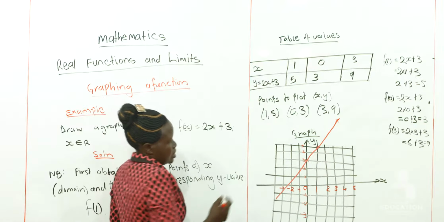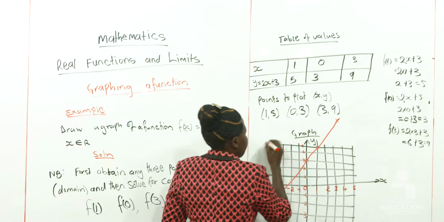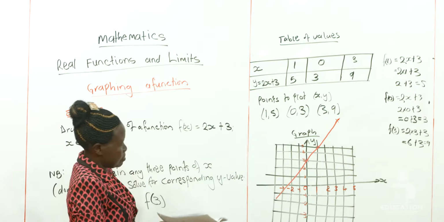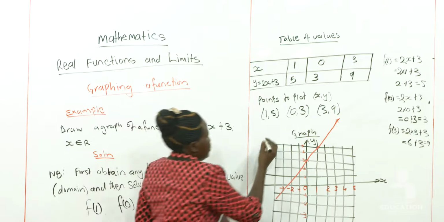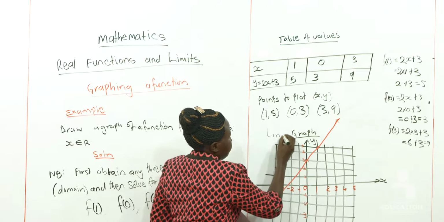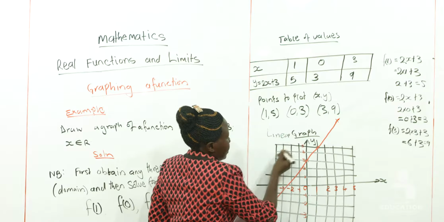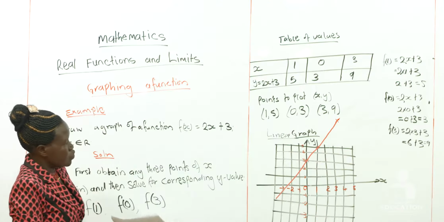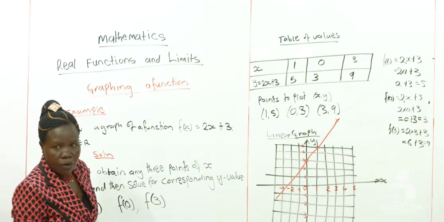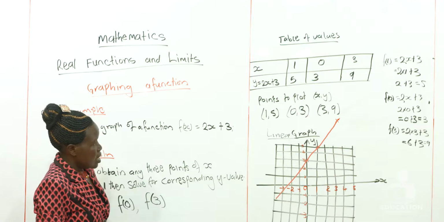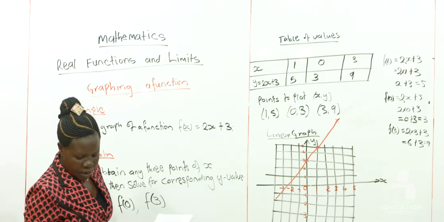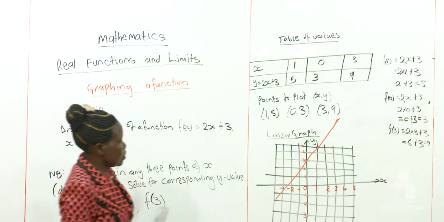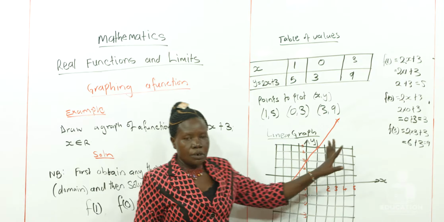And then now you say this is a linear graph. So learners, that is how, if asked to draw a graph of a linear relationship, you draw.